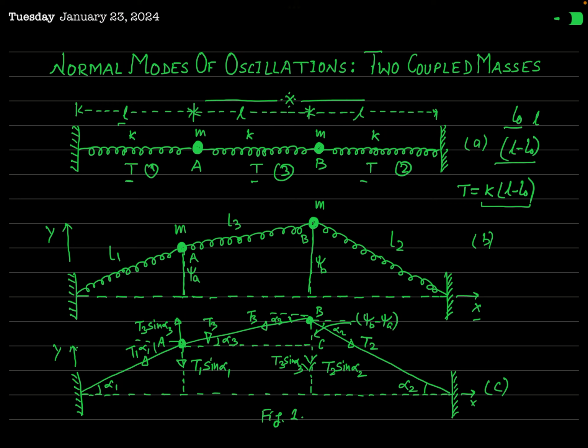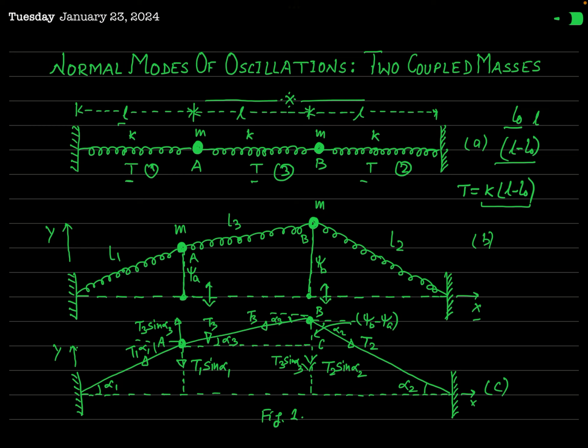In this condition you will see that a restoring force will act on both the masses, and under that restoring force the system will oscillate in a transverse manner, that is, it will oscillate about the equilibrium position which was here and here. This oscillation will take place like this.